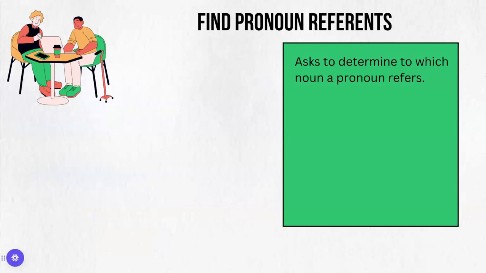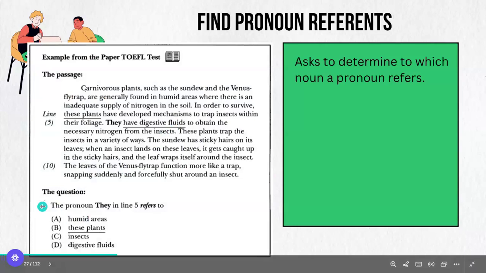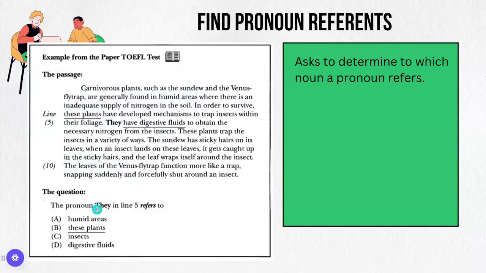Another type of question in reading will ask you to find pronoun reference. They will ask you to determine to which noun a pronoun refers. For example, you will have a passage and then the question will say, the pronoun they in line 5 refers to.